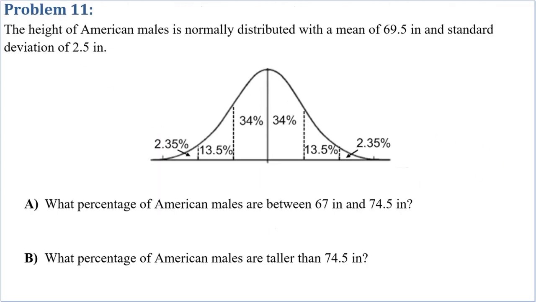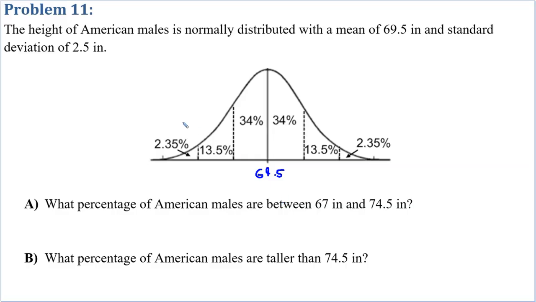So for problem 11, let's say that the height of American males is normally distributed with a mean of 69.5 inches and standard deviation of 2.5. Let's take that information and apply it to our graph here. If the mean's 69.5, we have the 69.5 right in the middle.